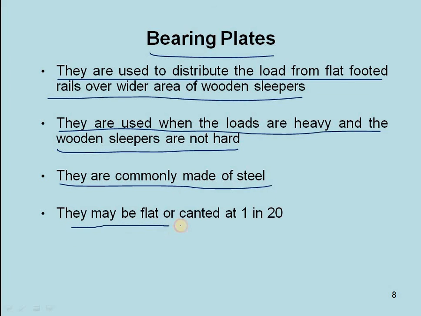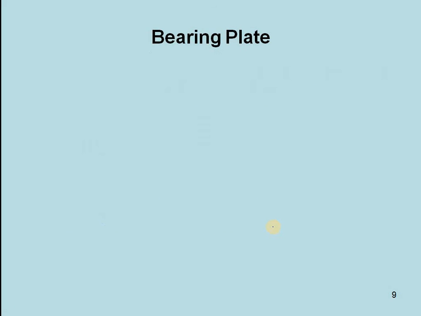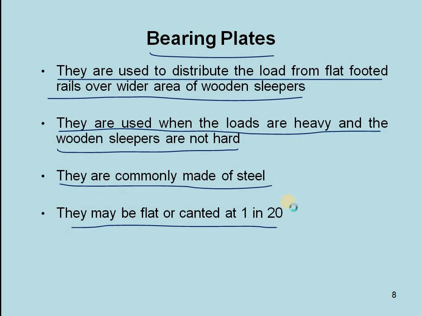They may be flat or canted at 1 in 20. So these bearing plates are used in the sleeper to distribute the load from the flat footed rails over a wider area of wooden sleepers.